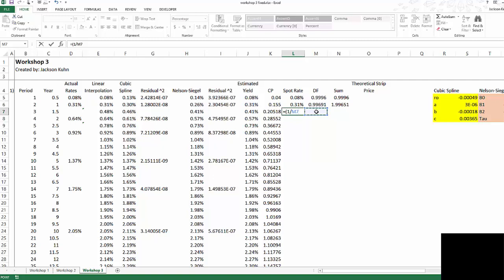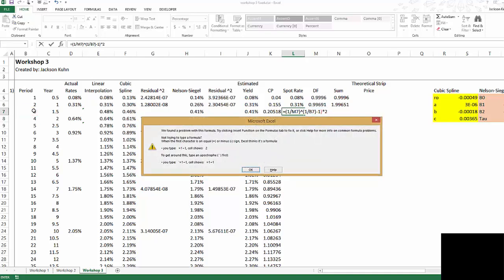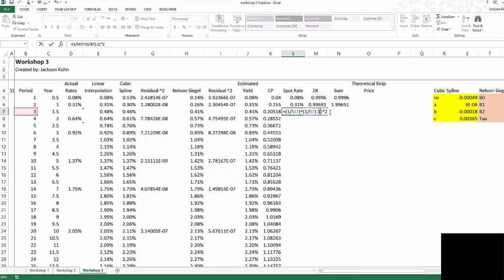So 1 divided by our discount factor raised to 1 divided by the period we are in, which is 3 in this case, minus 1 times 2. And we have a problem with our parentheses, so we'll fix that really quickly.